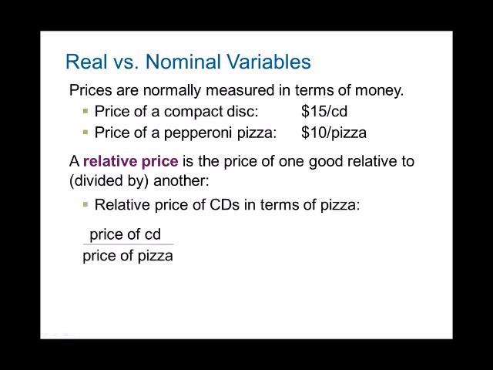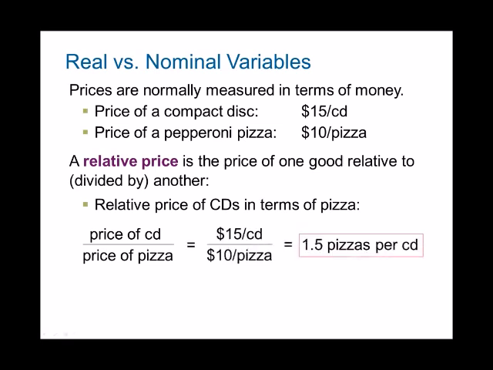So the relative price of a CD in terms of pizza would be 1.5 pizzas per CD. We're saying one pizza costs $10, so if I wanted to purchase one CD instead of pizza, I have to give up the consumption of 1.5 pizzas.